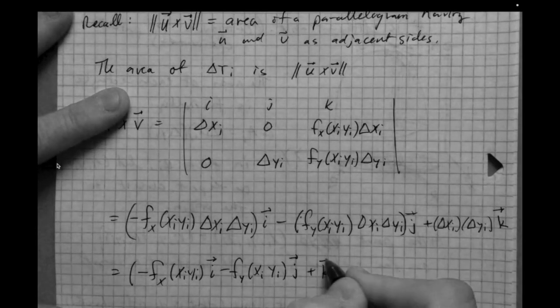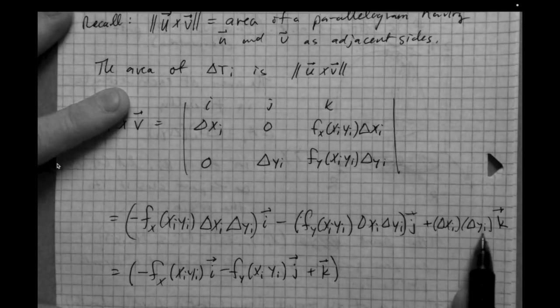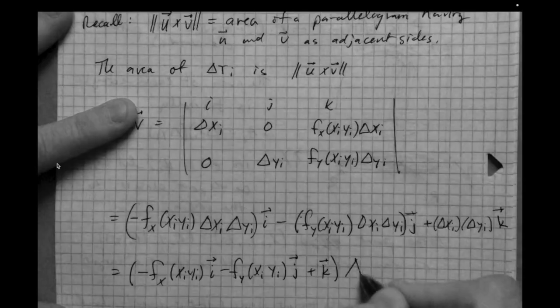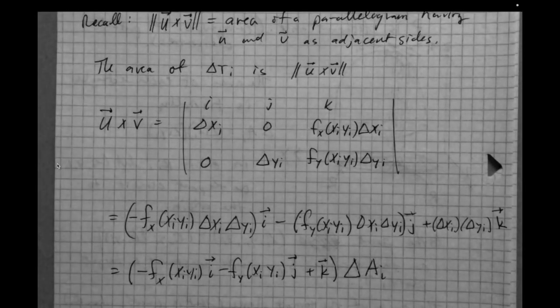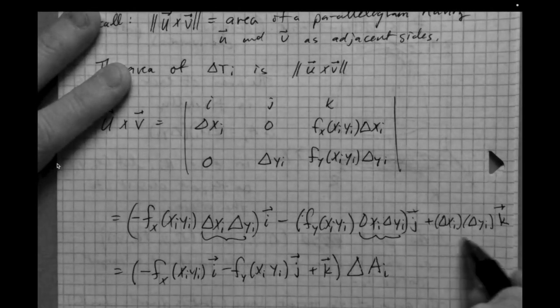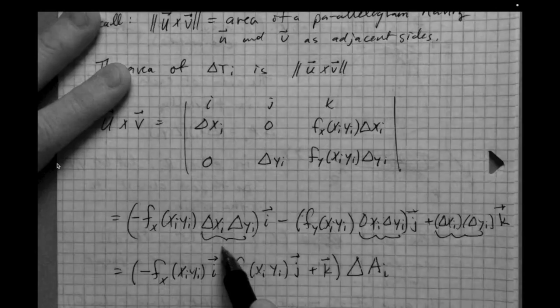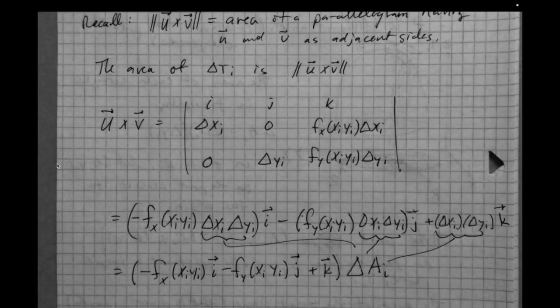And that's all going to be times delta xi delta yi, which was delta Ai. Just to make sure people are following, these three have to be factored out. And so then you get this.